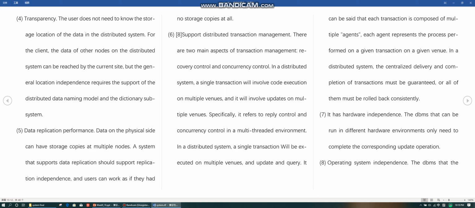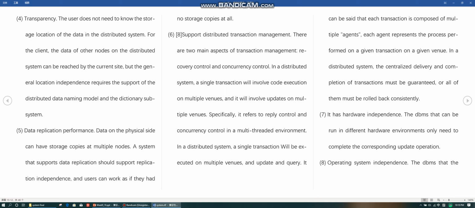So it also supports distributed transaction management. There are two main aspects of transaction management: recovery control and concurrency control.